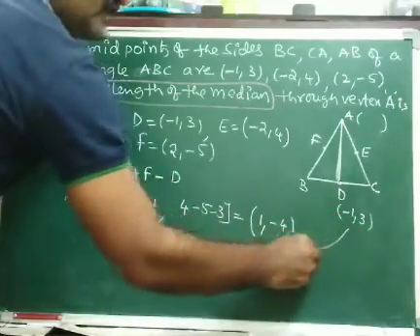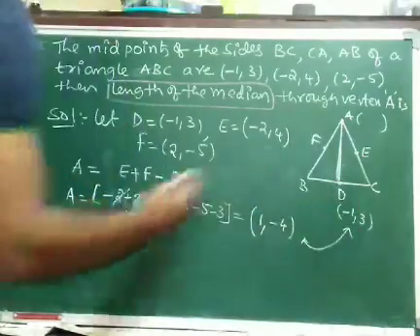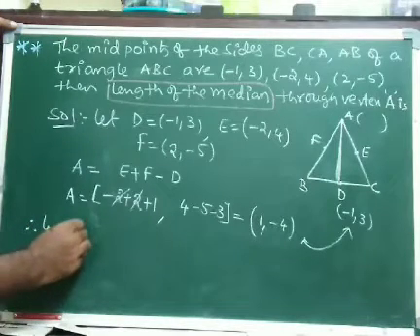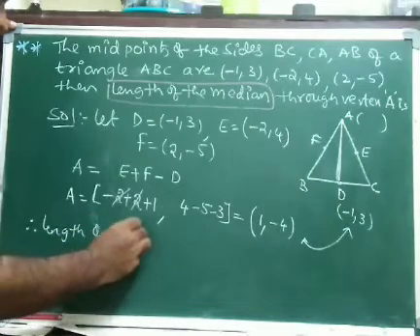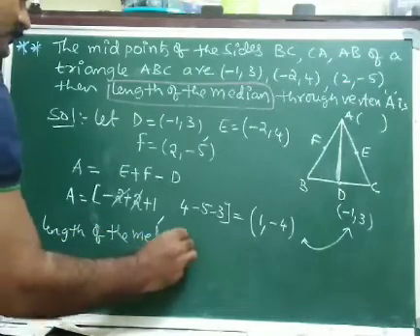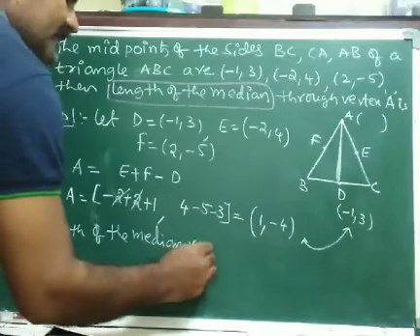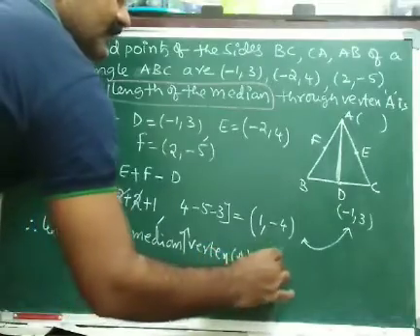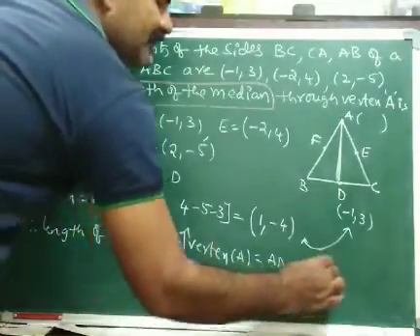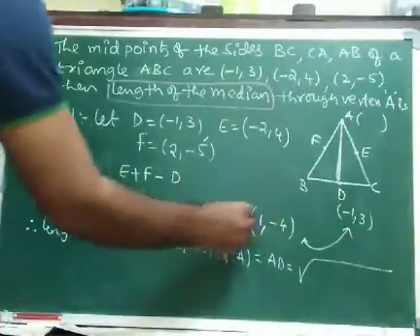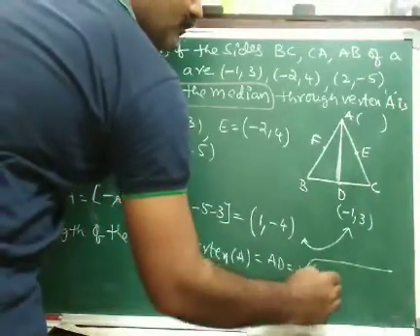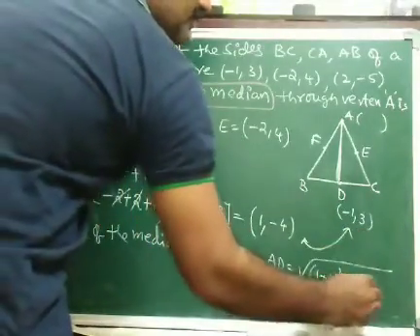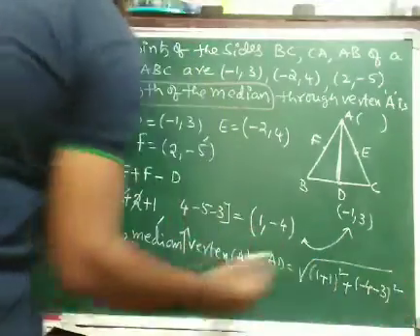And you know even vertex D, which is minus 1 comma 3. Therefore we need to find AD, is it not? The length of the median through vertex capital A is equal to just AD, the distance between these 2 points A and D. 1 minus of minus 1, which is plus 1, whole square, plus minus 4 minus 3, that is minus 7, whole square.